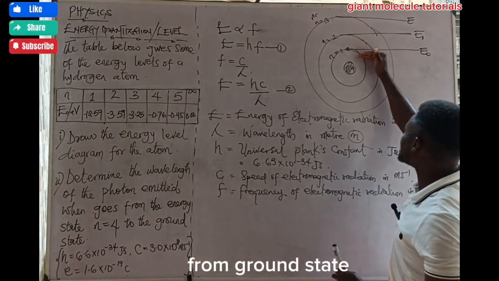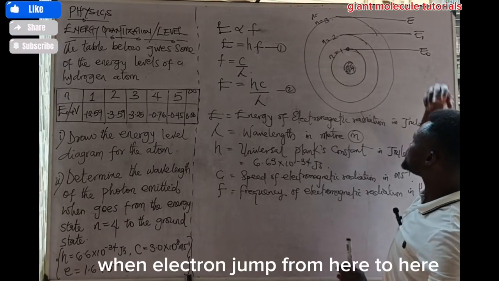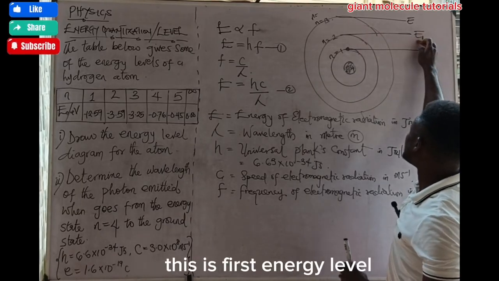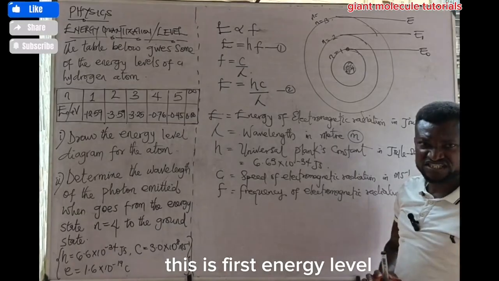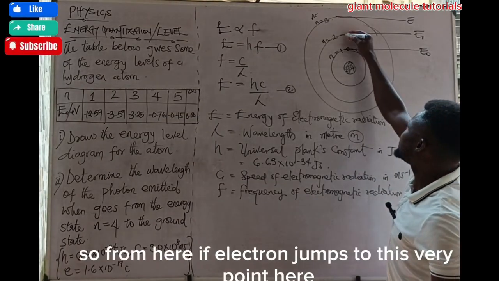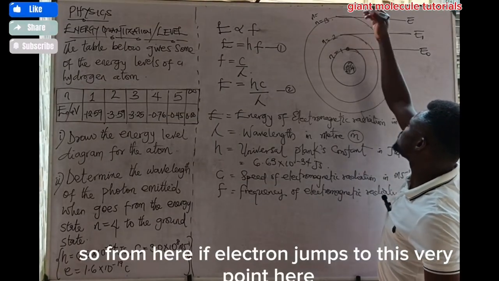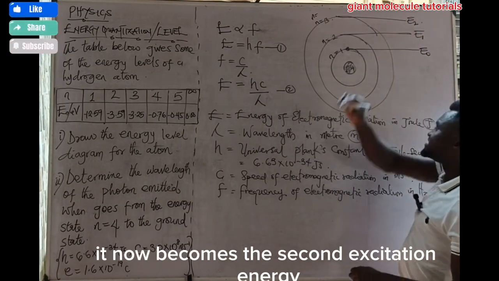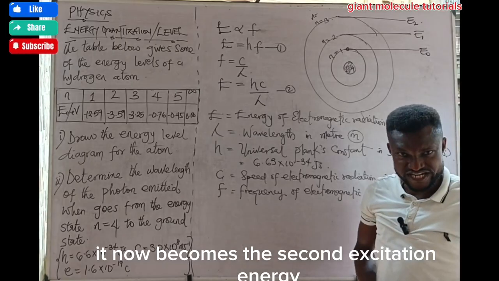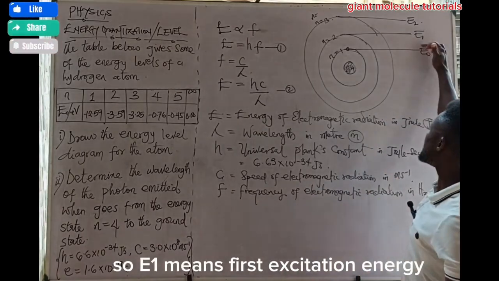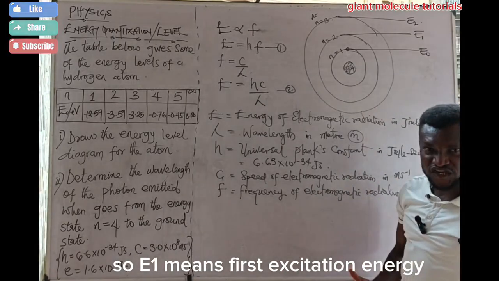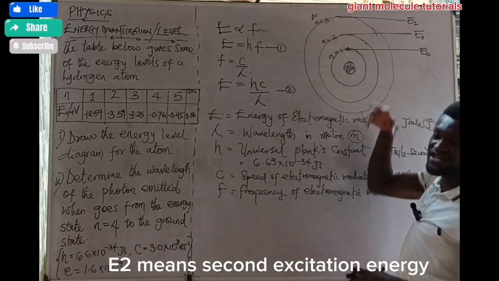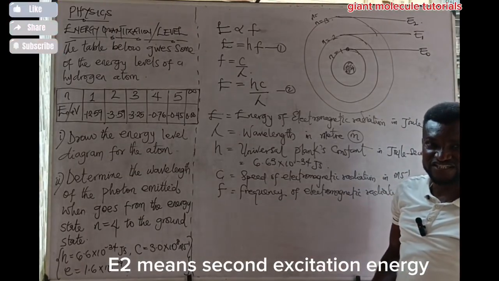From the ground state, when an electron jumps from here to here, this is the first energy level. So from here, if the electron jumps to this very point, it now becomes the second excitation energy. So E1 means first excitation energy, E2 means second excitation energy.